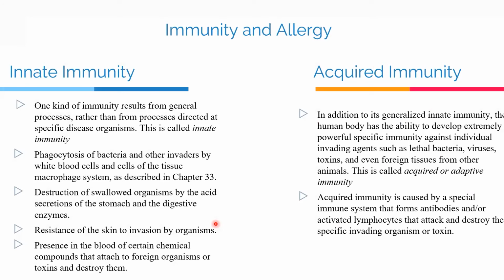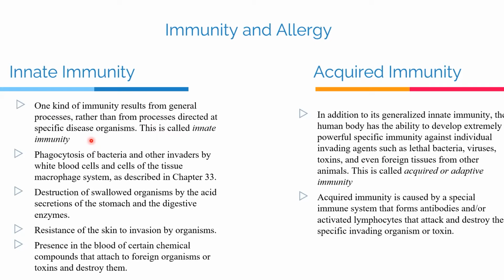Immunity can be divided into two parts. One kind of immunity is directed towards general processes, which stop every kind of bacteria and pathogen that tries to enter our body. These processes are directed in a general manner rather than towards specific organisms, and this is known as innate immunity.